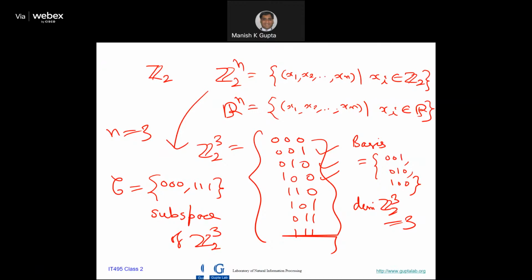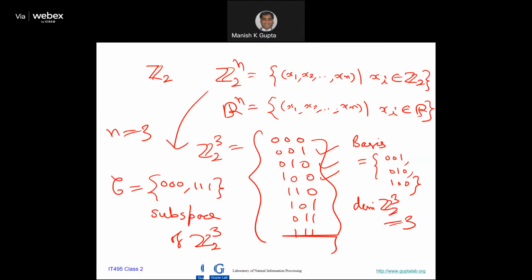Remember, in R raised to power n, all lines passing through the origin are one-dimensional subspaces. Okay. But what about here? How many one-dimensional subspaces will be there? Any idea? You must have studied all this in the linear algebra course. It is a compulsory course, right? It's okay, everyone has done it. So how many one-dimensional subspaces will there be?